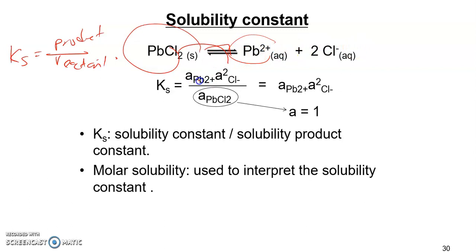So we have the activity of Pb2+ and the activity of Cl−, with a power of 2 because we have 2 moles of Cl−, over the reactant PbCl2. We can say that the activity of the solid equals 1, because we only have 1. Then we simplify it, and it will be this one.